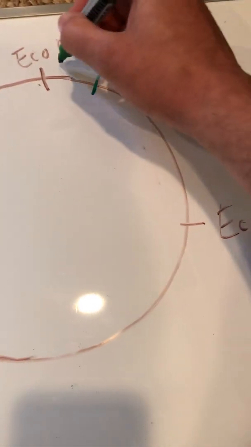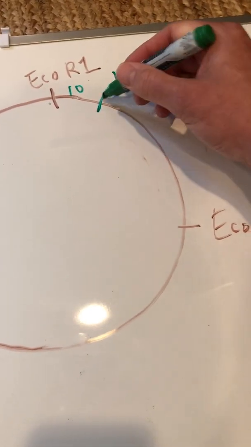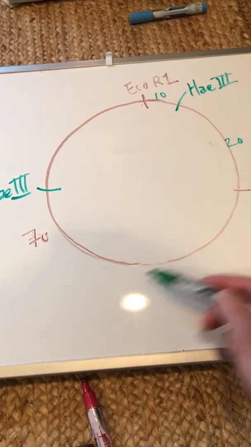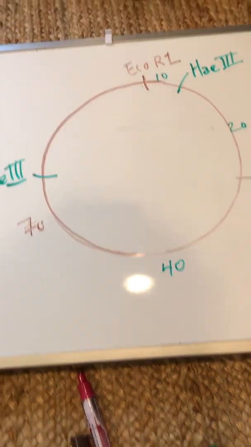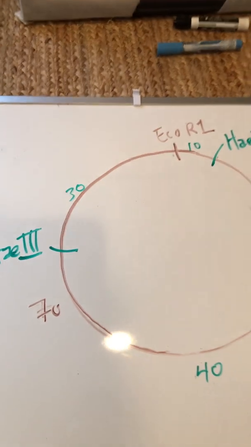So this piece right here between this and this is 10. This whole piece is 30, but this little piece now, from here to here, is 20. From here to here is, I think, 40. I'm going to have to double check this. And I think this is then going to be 30.